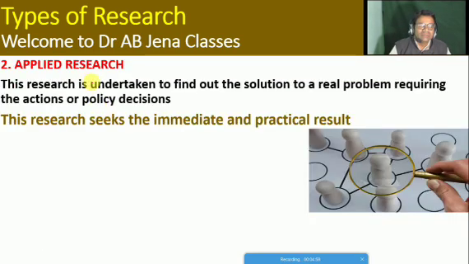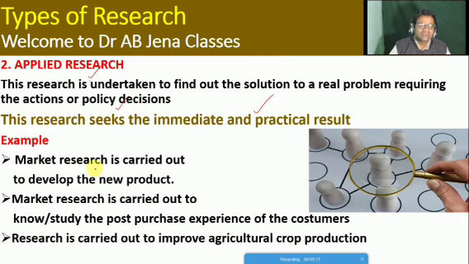Next, friends, we will see the meaning of applied research. This research is undertaken to find out the solution to a real problem requiring actions or policy decisions. This research seeks immediate and practical results. Let us take examples. Suppose a market research is carried out to develop a new product.